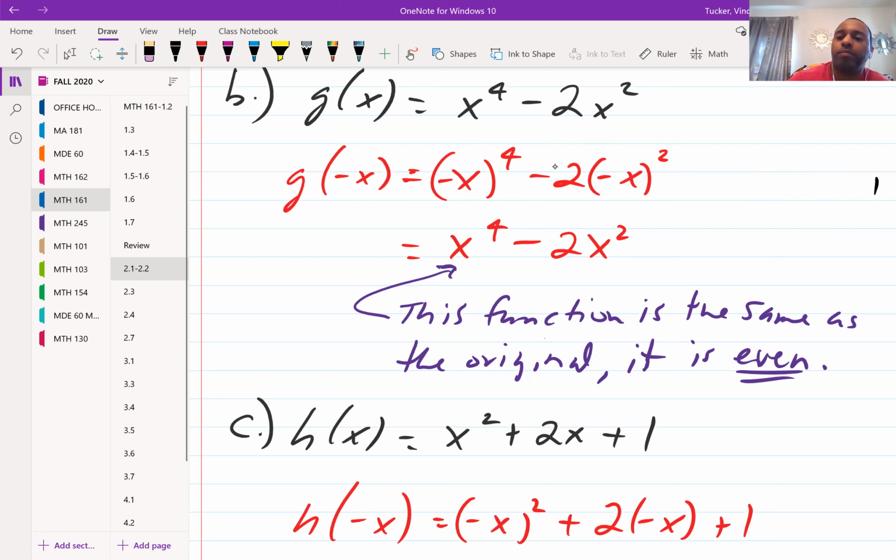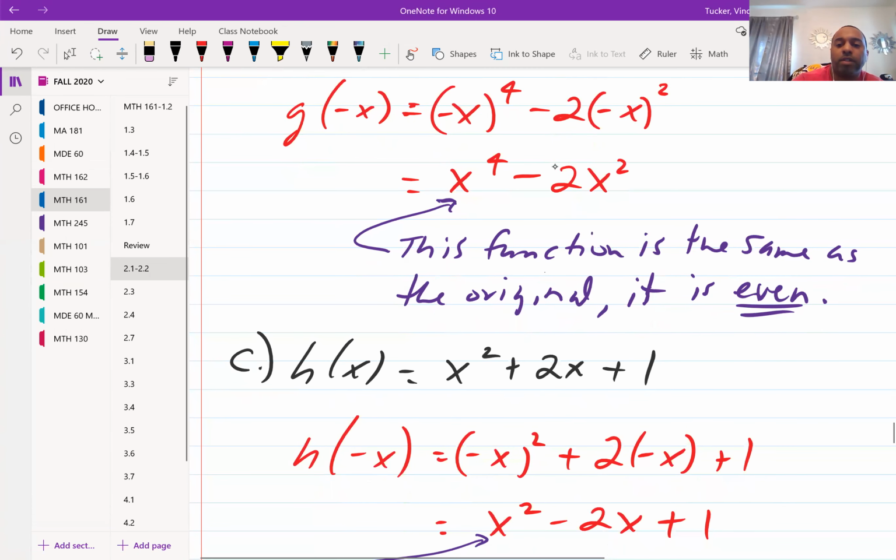All right. So for the next one, h of x, we're doing h of negative x. So we plug in negative x into each. So this turns positive. This stays negative. So that's a positive x squared minus 2x plus 1.